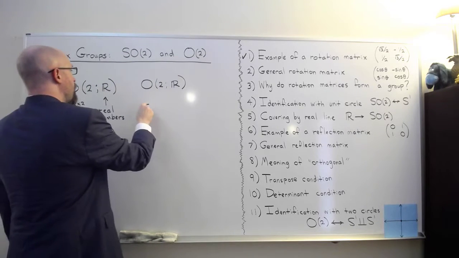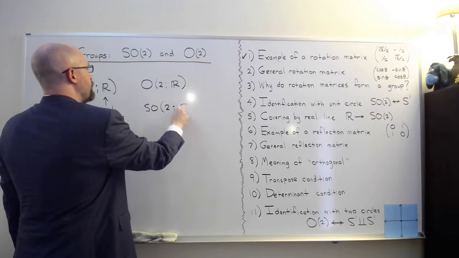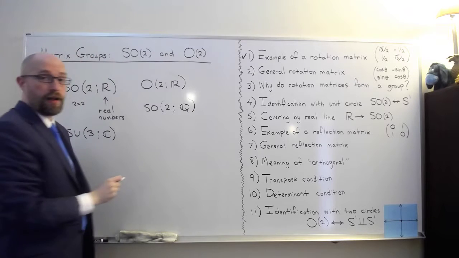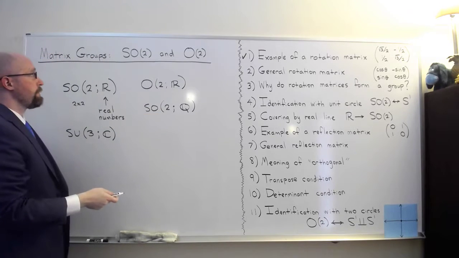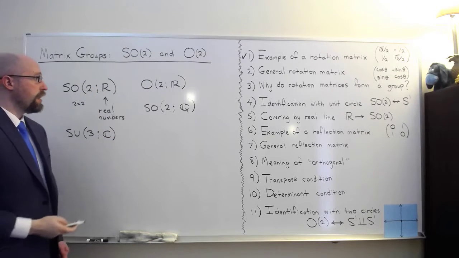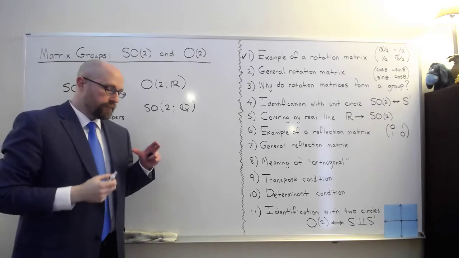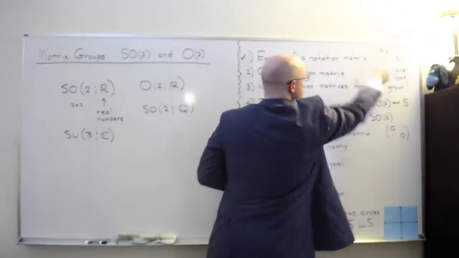But you could look at matrices with just rational entries, for example, and those would form a subgroup of the one with the real entries. So there is a source of the particular numbers that are appearing in these matrices.